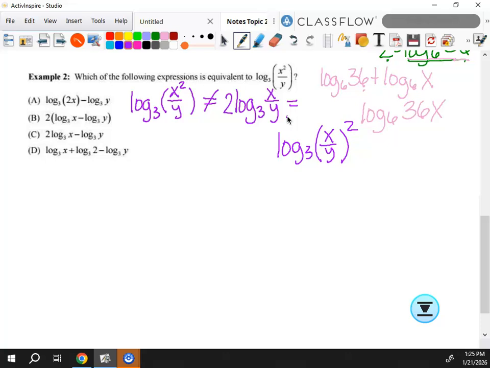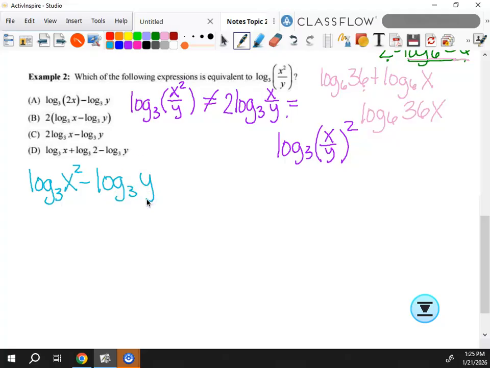What I need to do before I can pull the exponent out front is rewrite it as log base 3 of x squared minus log base 3 of y.